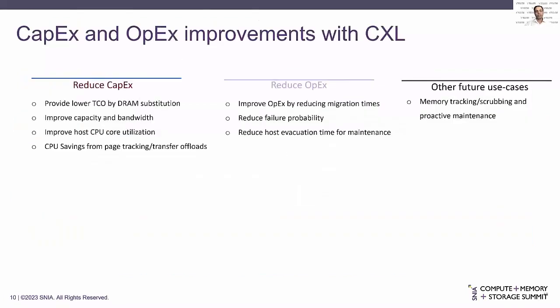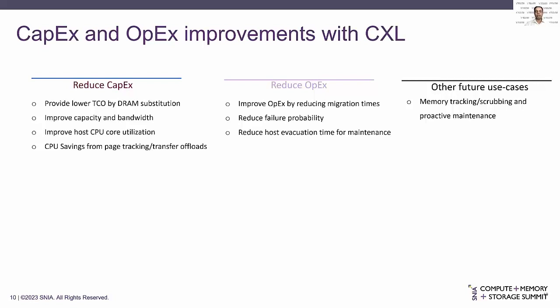So here are some of the CapEx and OpEx improvements that we are looking into with respect to CXL. What are the advantages? With respect to CapEx, we lower the TCO by doing DRAM substitution. For a lot of our customers, capacity and bandwidth is a concern, so we can help consolidate and improve on their TCO by helping them run more workloads on the same server.